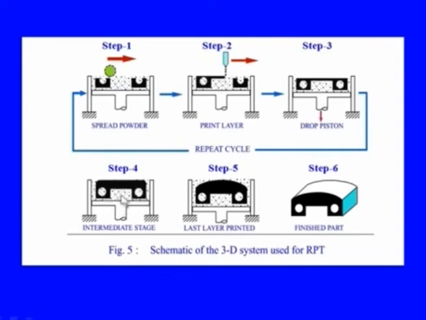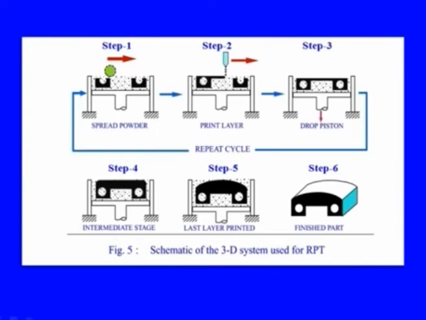This is how the object will be built successively, like the thickness will be increased or the shape will be built successively. This will be lowered and the powder will be placed, ink or the material will be placed over it according to the shape of the material.